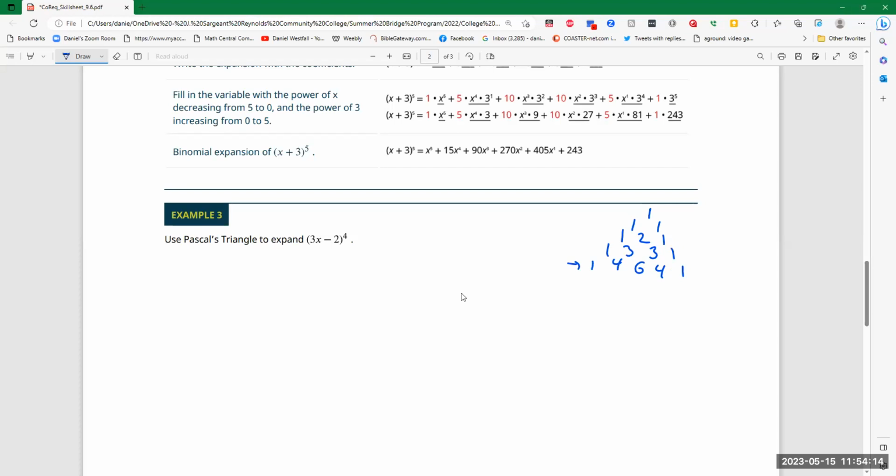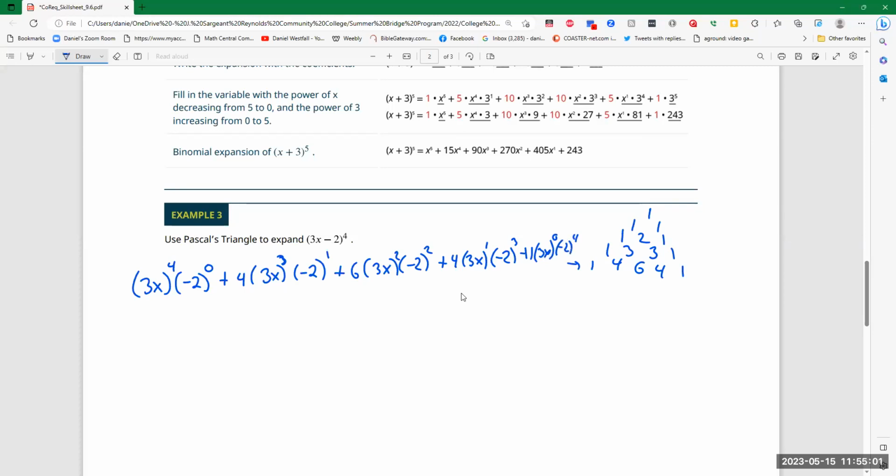And so we're going to have 3x raised to the 4th, -2 raised to the 0, plus 4 times 3x raised to the 3rd, -2 raised to the 1st, plus 6 times 3x raised to the 2nd, -2 raised to the 2nd, plus 4 times 3x raised to the 1st, -2 raised to the 3rd, plus 1 times 3x raised to the 0, -2 raised to the 4th.